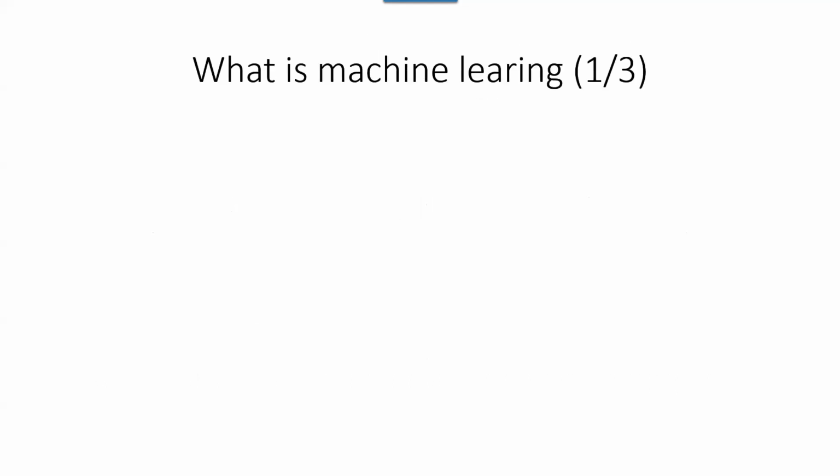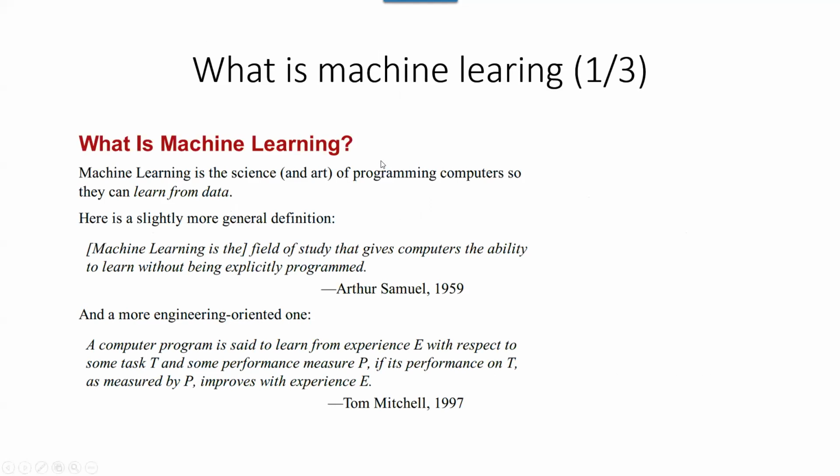What do we mean by machine learning? I collected different definitions from popular books. The first: machine learning is the science and art of programming computers so they can learn from data.